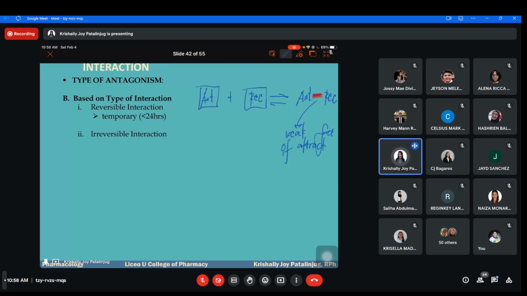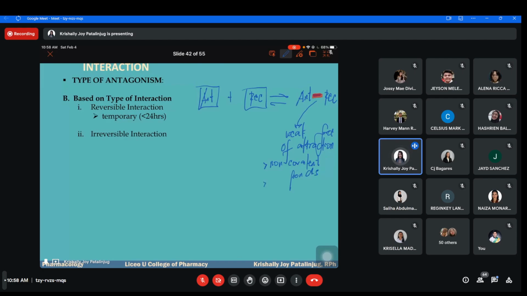And in pharmacology, kapag drug ligand to receptor interaction, weak force of attraction considered are those non-covalent bonds.